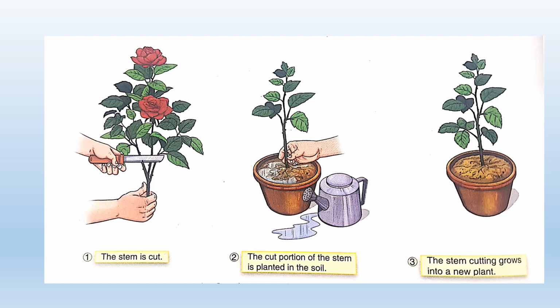Cut the stem of any of these plants and immediately plant it in the soil. Give it enough air, water and sunlight. You'll observe that after a few days, these stem cuttings grow into a new plant.